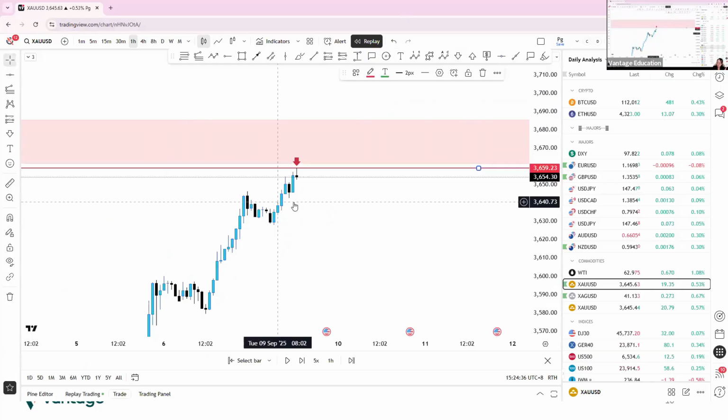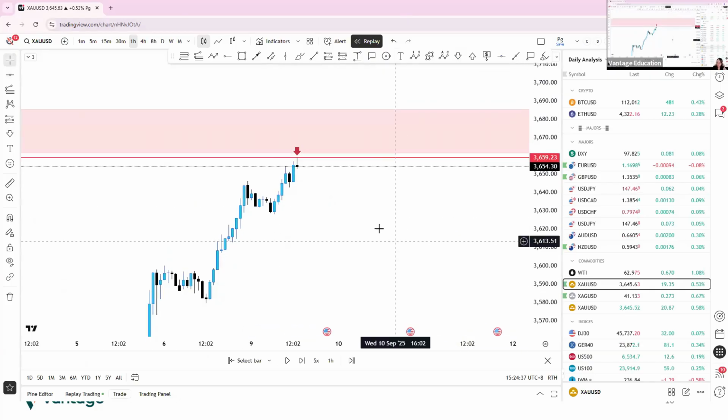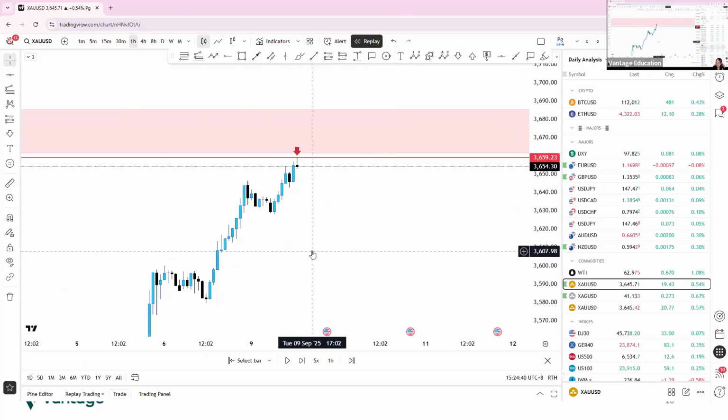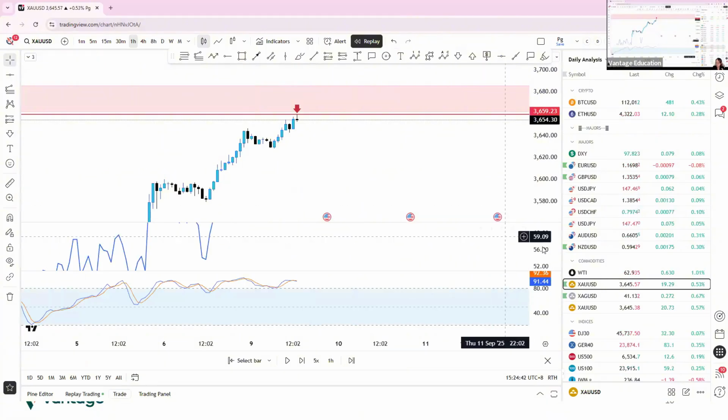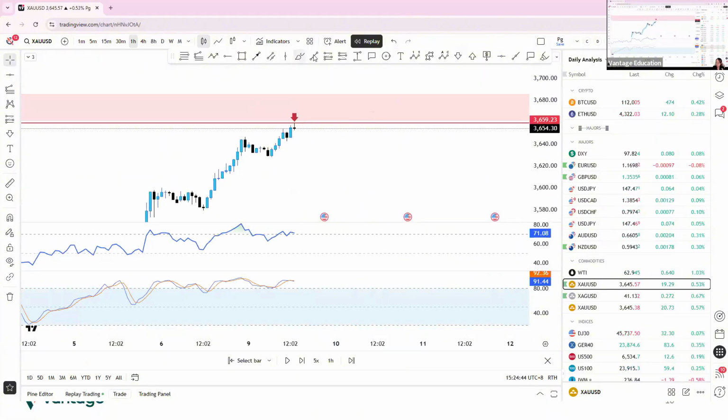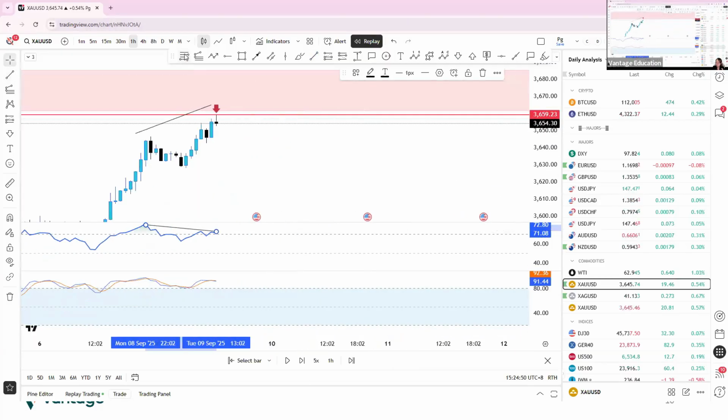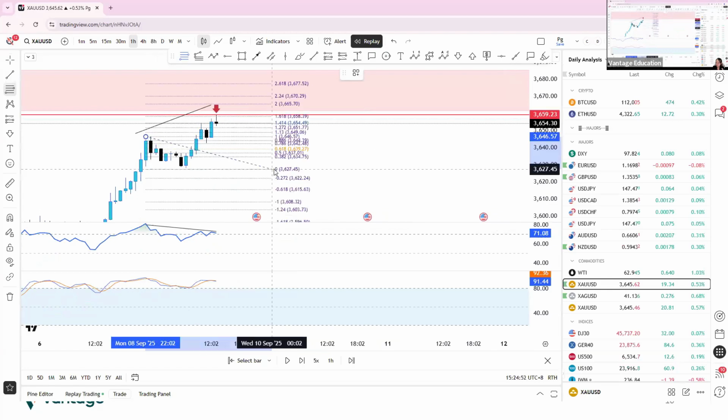I have two confirmations. One, I saw the price action. Second, I saw the divergence here. And the first one, I had the extension 161.8. So yesterday I was quite confident because I have three confirmations.